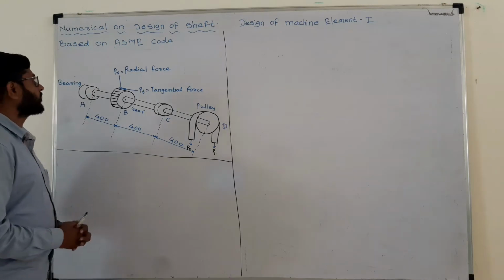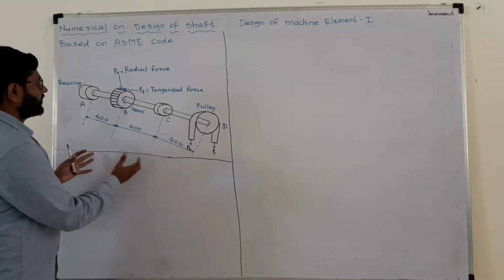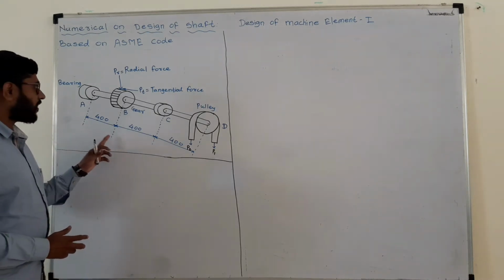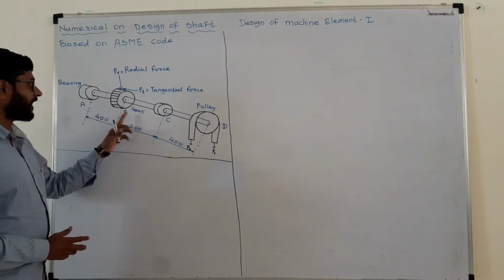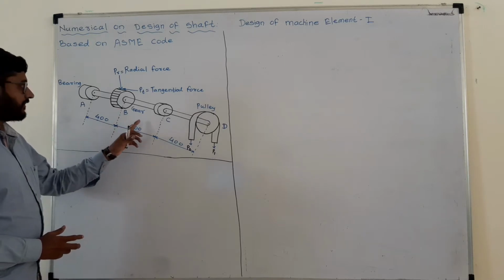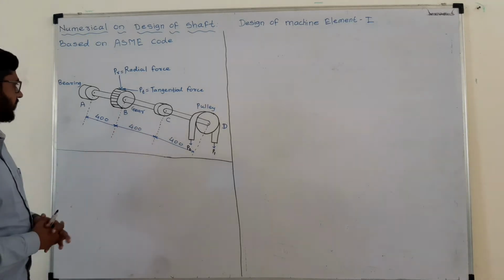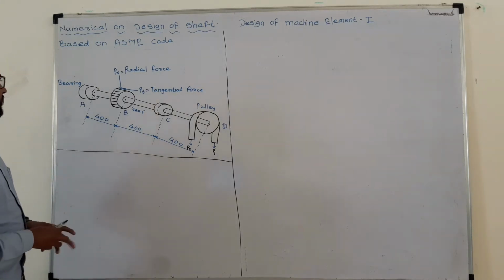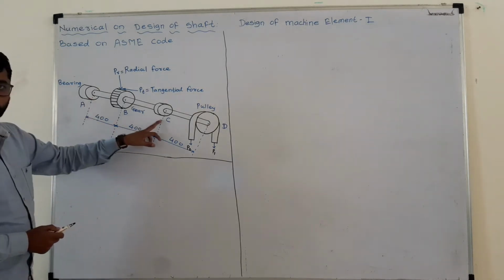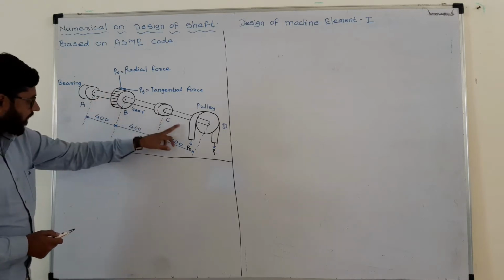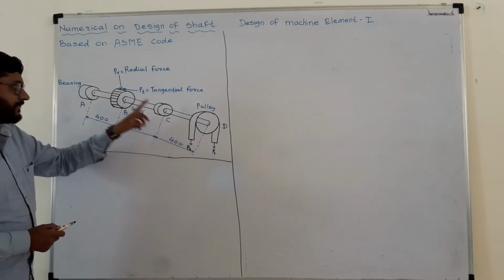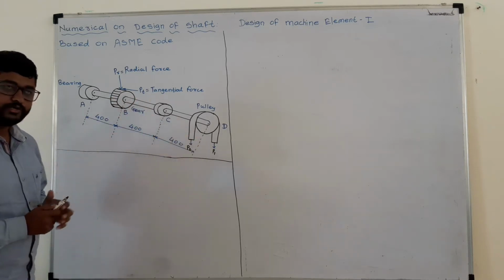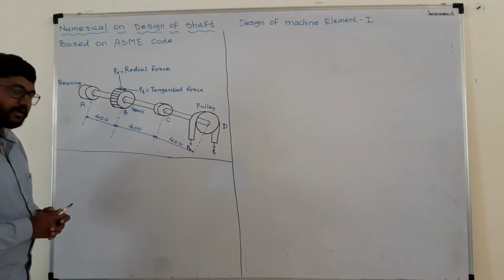The numerical is given. The layout of shaft, bearings, pulley and gear is given in this figure. Bearings are mounted on the shaft, and one gear and a pulley are also mounted on the shaft.